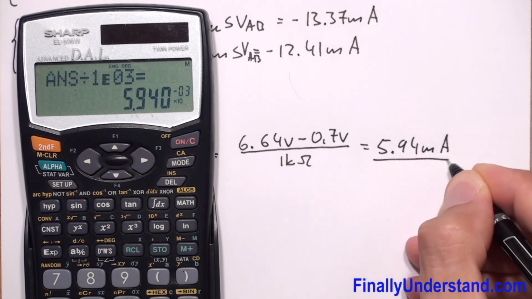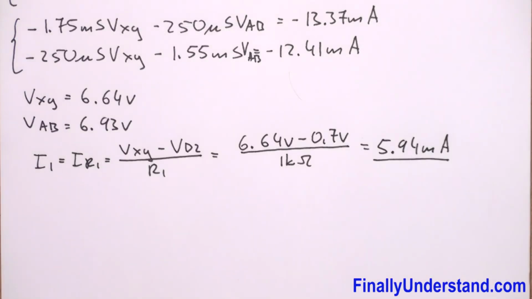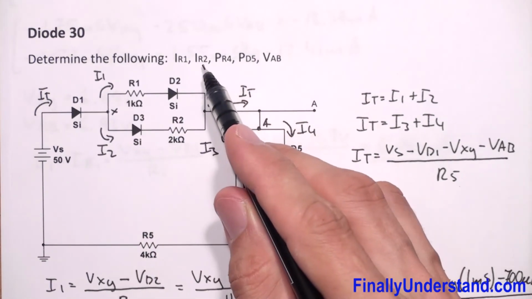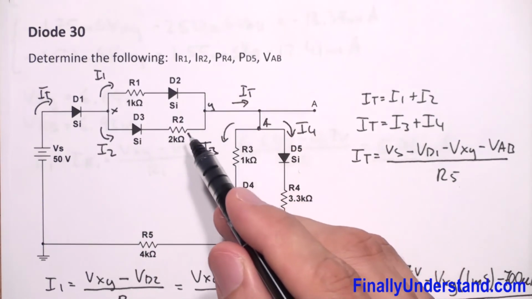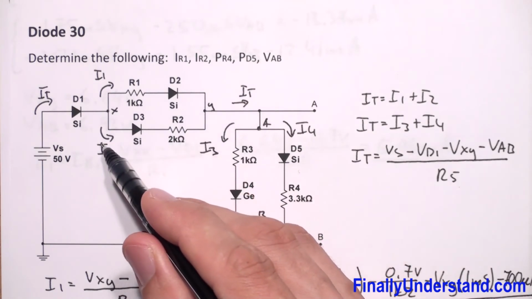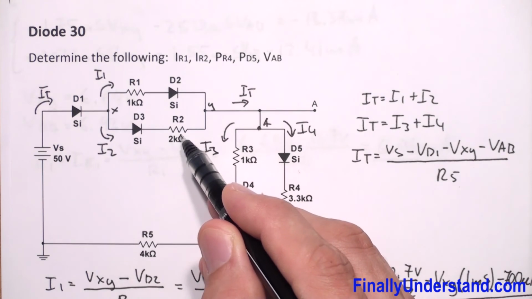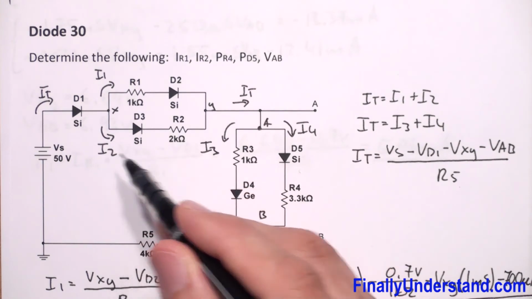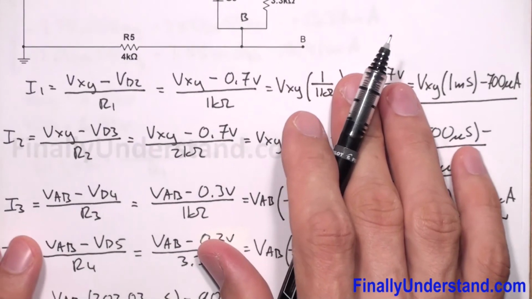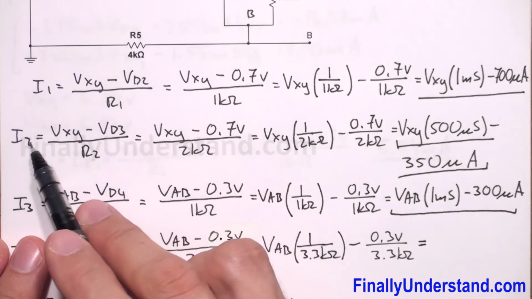And this is my current IR1, the current which will go through resistor R1. Next, I'm supposed to find IR2. IR2 is the current which will go through resistor R2, and please realize that I2 will go also through the resistor R2. So if I'm going to find I2, this is going to be equivalent to IR2. The formula for I2 we obtained over here.